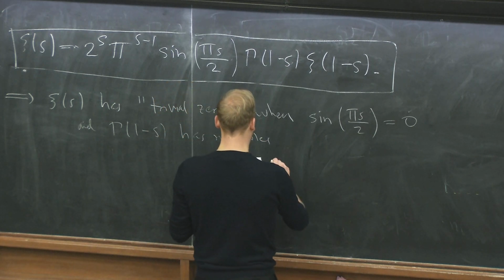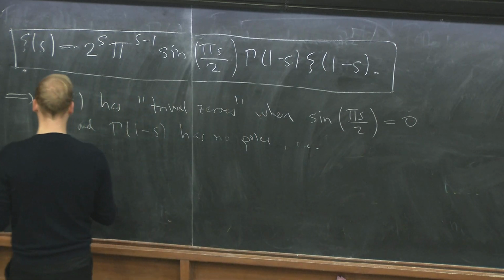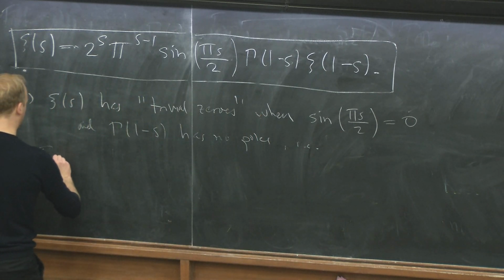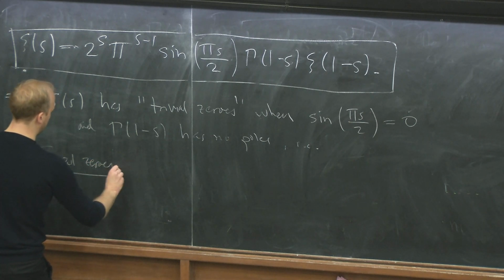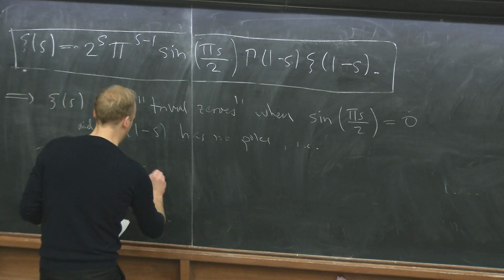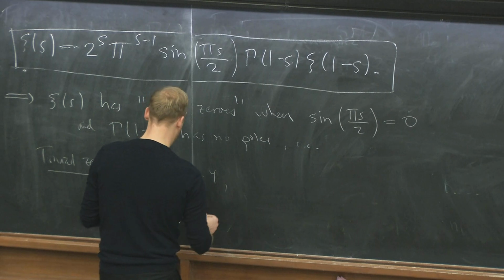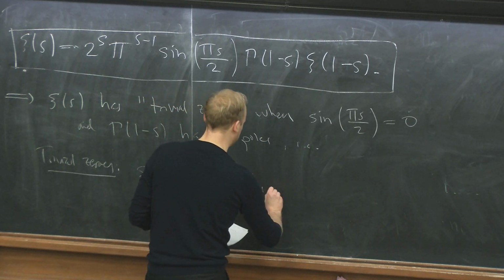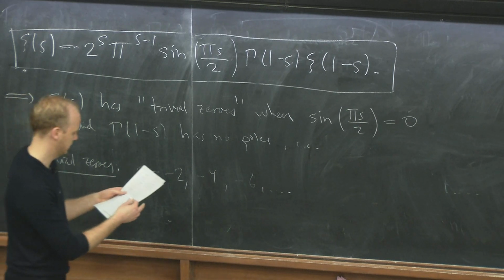If you put this together carefully, you can read in the notes, it's more explicitly written, you get trivial zeros at s equals -2, -4, -6, and so on. So the even negative integers.